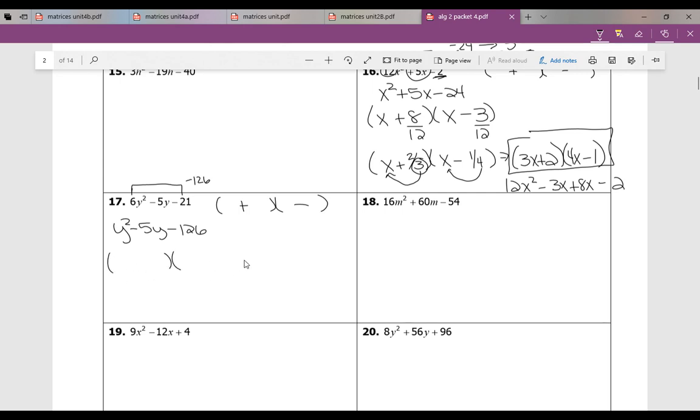Okay, we have already said one plus and one minus. Now I need to come up with the factors of -126 that, when I add them, give me that -5. One factor has to be positive, the other factor has to be negative.